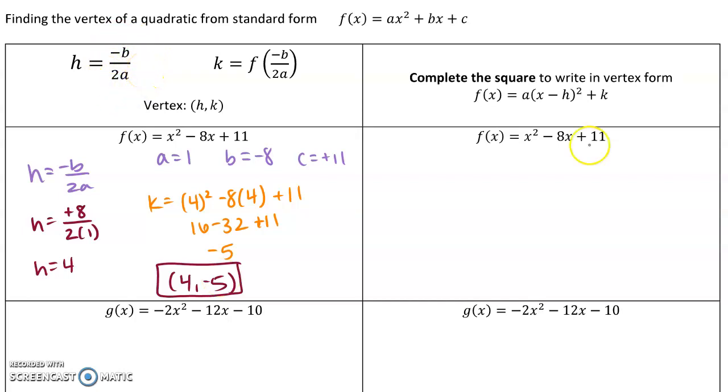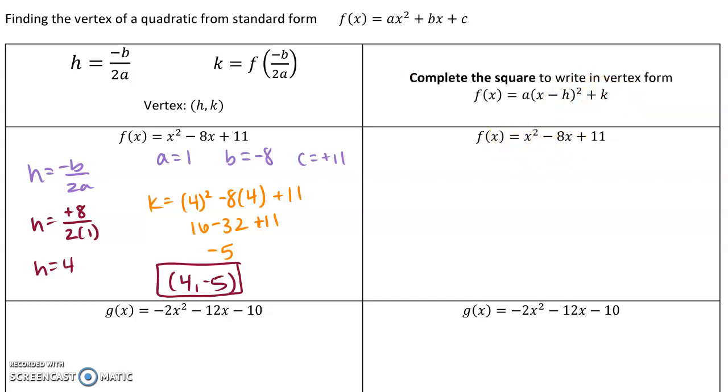But now let's see what this would look like using the exact same equation if we were to complete the square. So if you recall, when you complete the square, you want to write it as a perfect square, something x plus or minus something, quantity squared, and whatever that something is going to be your h value, and whatever numbers on the outside is your k value.